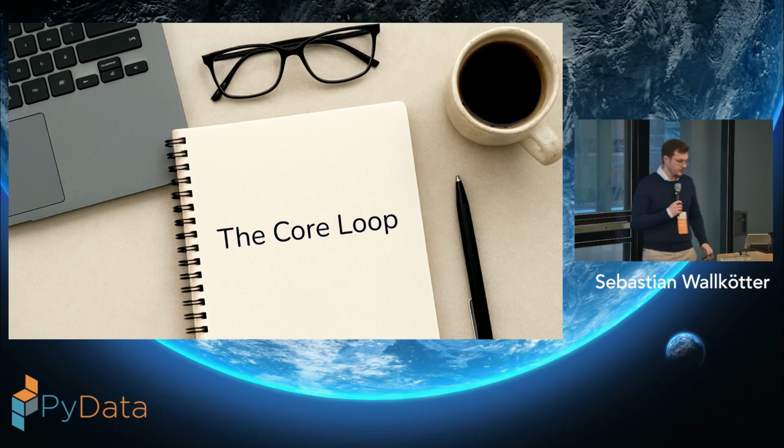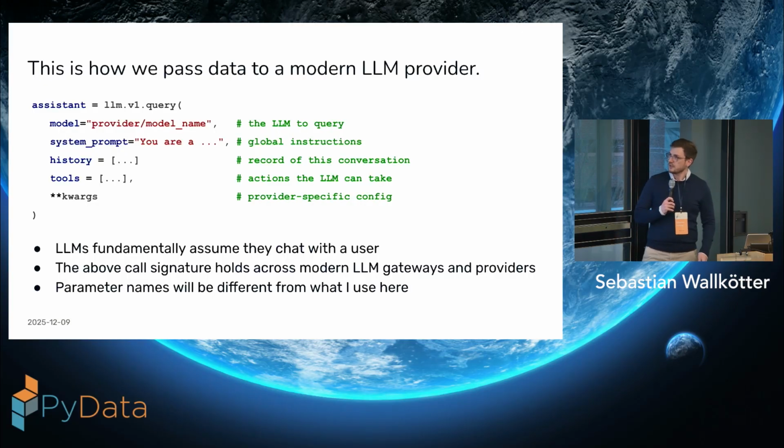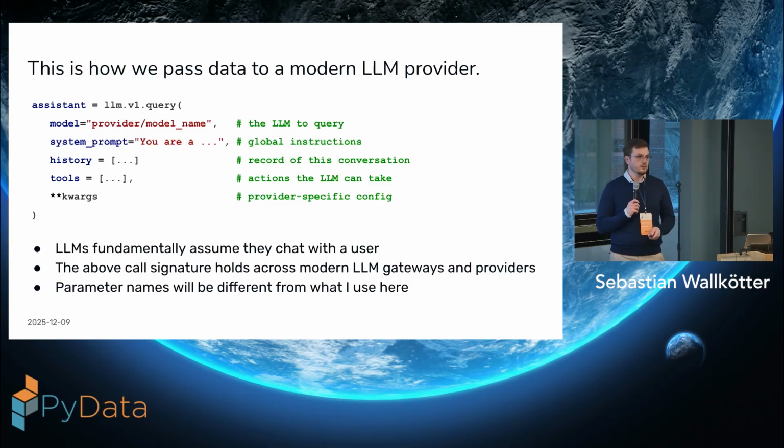Right, first up, the core loop. This is an LLM call, which I'm sure most of you have seen in one variant or another. Depending on which LLM gateway or which provider you use, the parameters will be slightly different, but these four pieces will always be there, and they will always do the same thing.